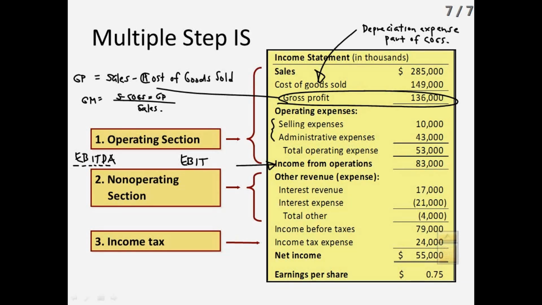Luckily, paying your creditors is something that actually reduces your taxes. So we want to know, can we pay our creditors before we've paid our taxes, not after our taxes? So that's why we think about it before taxes. I want to know, do I have enough money to pay my creditors?